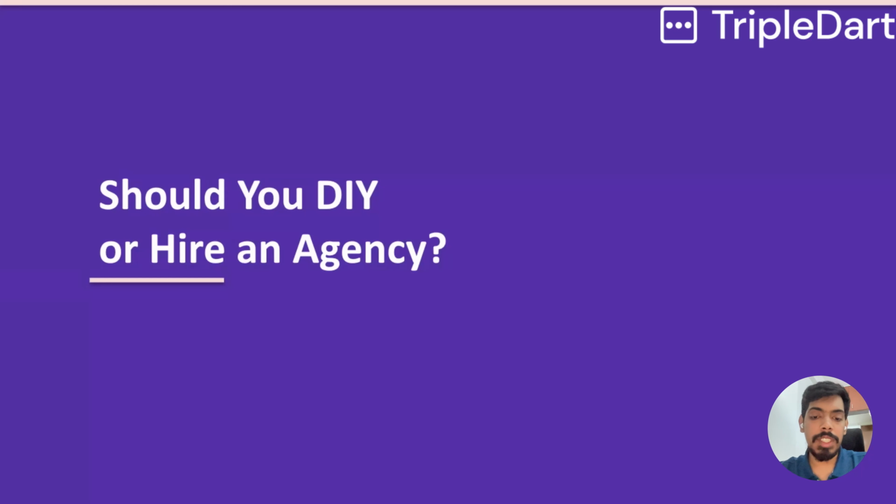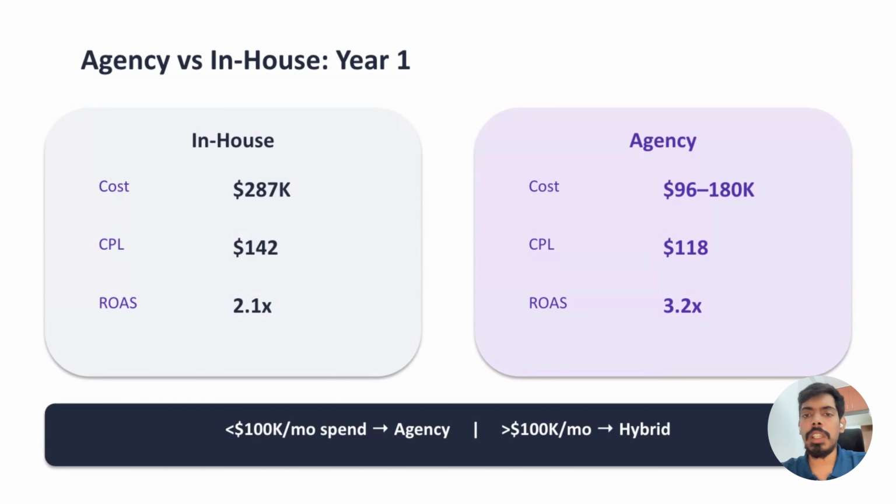Now let's get to a very common question that we see a lot of companies ask us. Should we go agency or should we go in-house? In year 1, most companies usually go the in-house route. Specialist, copywriter, designer, analyst, tools. It costs around $300,000. The typical result that you see is around twice the ROAS.